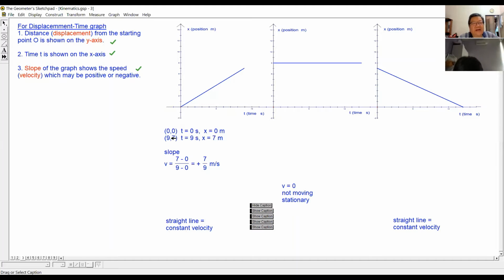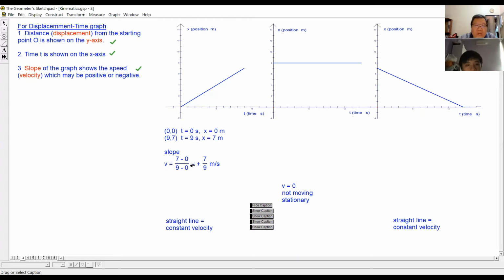And I pick another point, (9, 7). It means that when the time is 9 seconds, the position is 7. Now for this type of graph, displacement time graph, the slope is actually the velocity. So if I ask you to find the velocity, then you just find the slope.